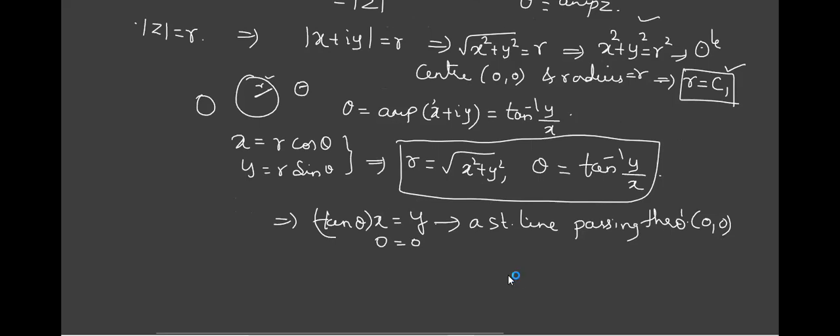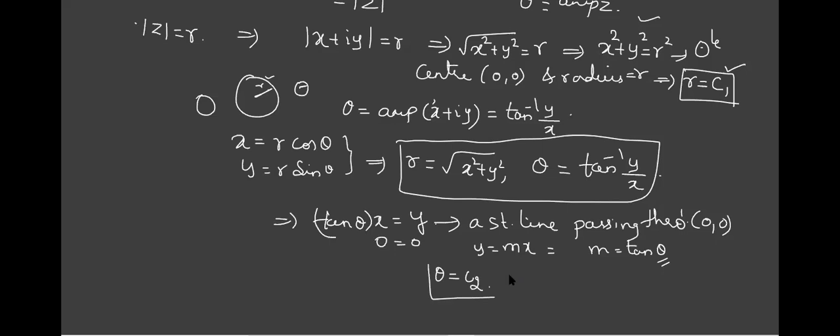Now, what is theta representing? It is in the form y equal to mx, where m equal to tan theta. For a particular line, is theta going to vary or is it the same? Same, which means it becomes a constant. So we get the conclusion that theta is equal to a constant.